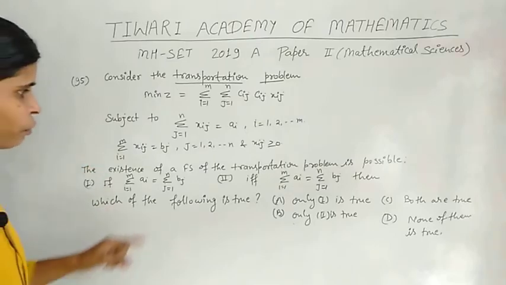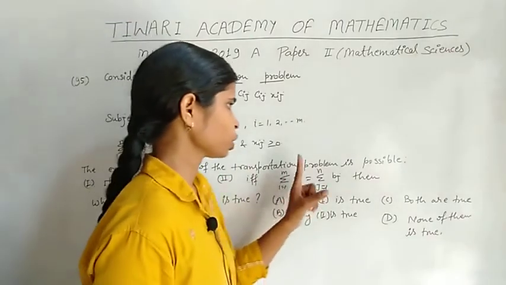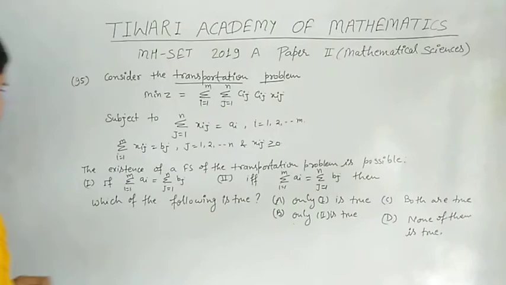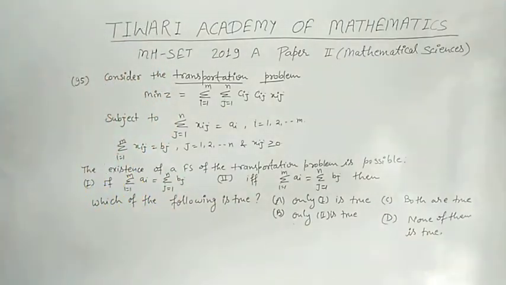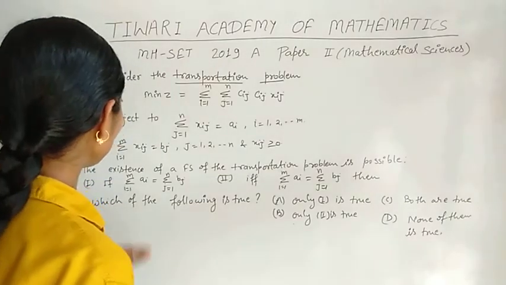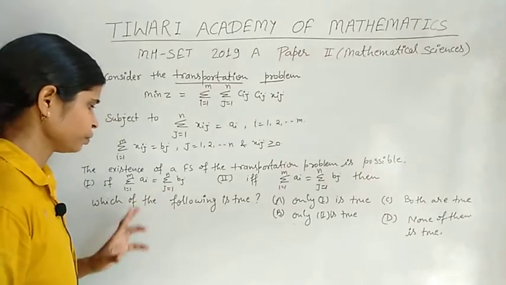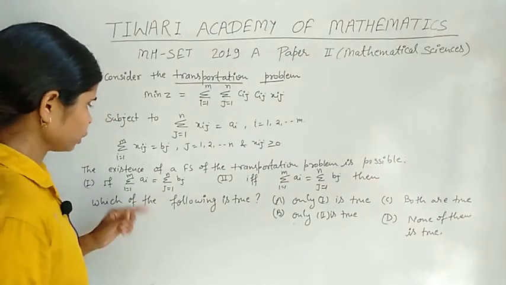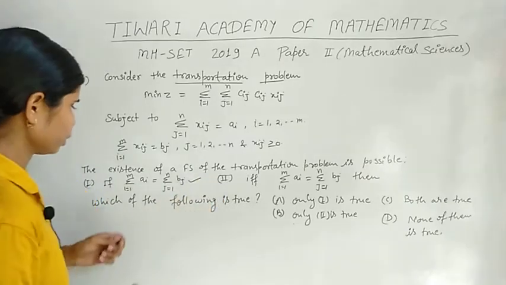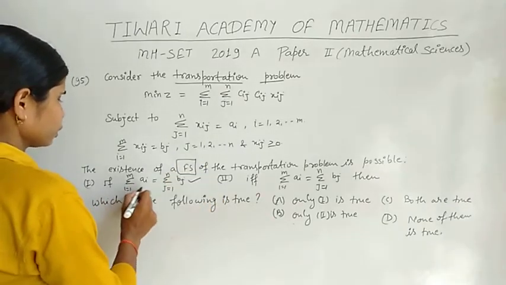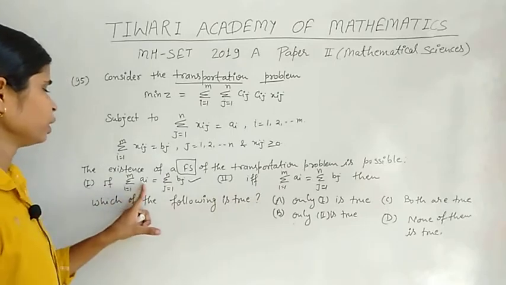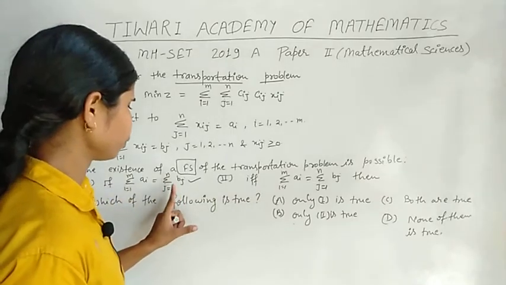The existence of a feasible solution of the transportation problem is possible. Statement first is given and statement second is also given. Statement first: if summation i varying from 1 to m Ai is equal to summation j varying from 1 to n Bj, this is a true statement. If a feasible solution exists, then summation of Ai is equal to summation of Bj.